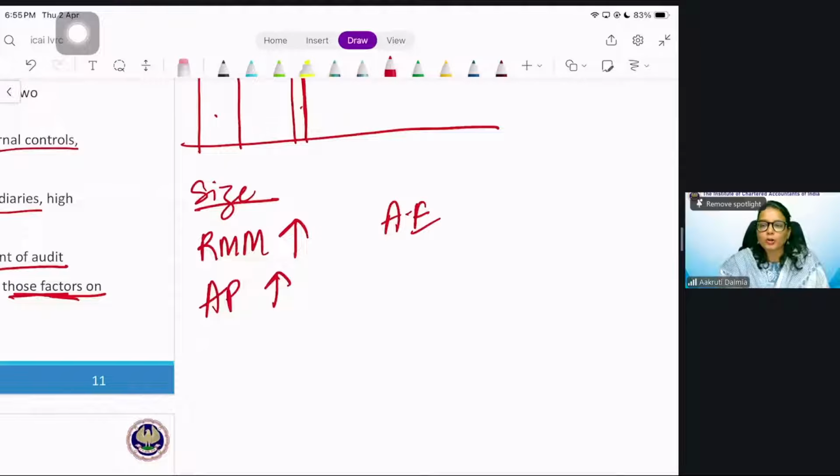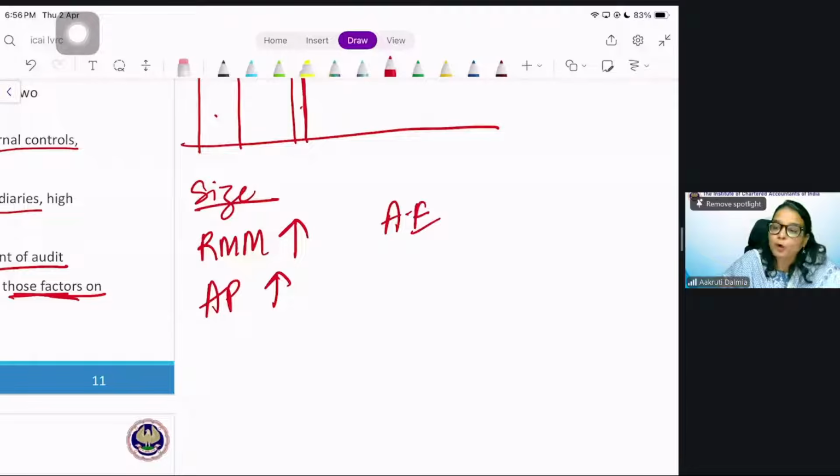So I will have to create more audit documentation. First tell me, is the audit evidence quality good or bad? If I am getting only oral evidence, is the quality good or bad? Quickly tell me.